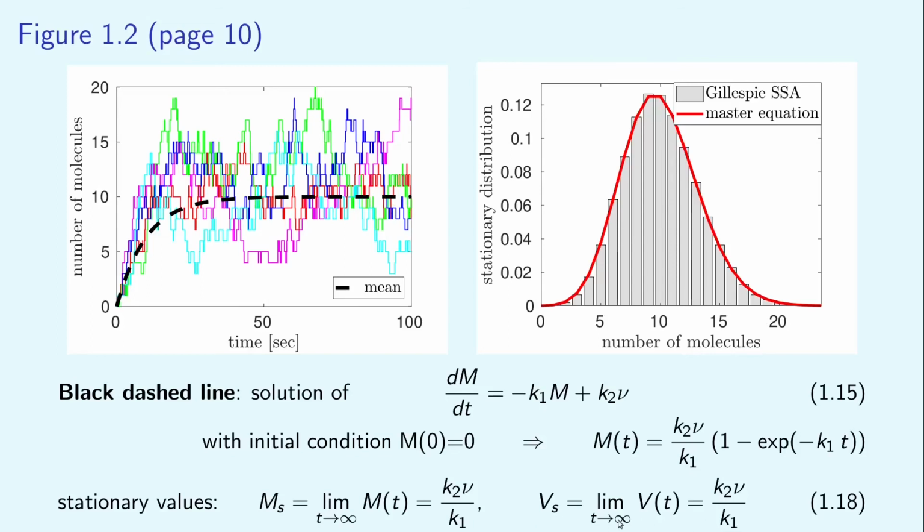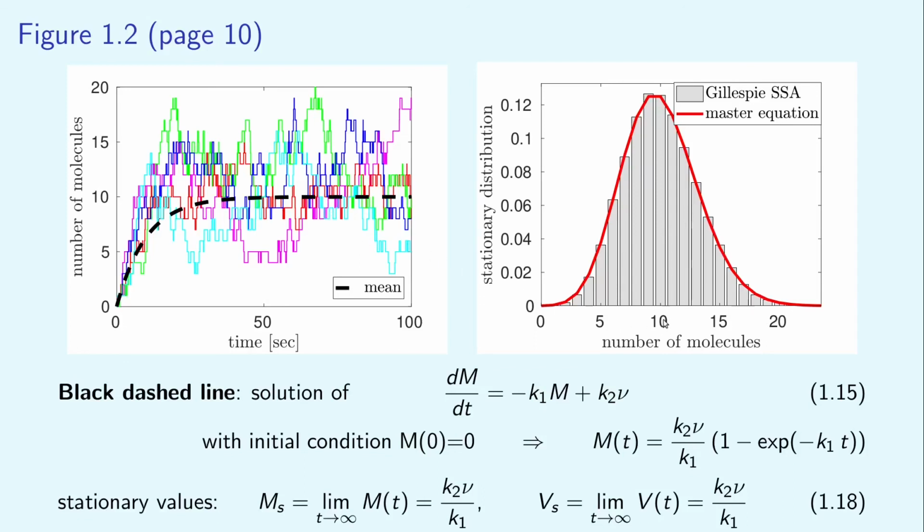In addition to the stationary mean and variance, we can also calculate the whole stationary distribution, which is given in figure 1.2 in the panel on the right. To obtain the stationary distribution from the stochastic simulation algorithm, we can follow one stochastic realization for a very long time and record the values of A at equally spaced time intervals.